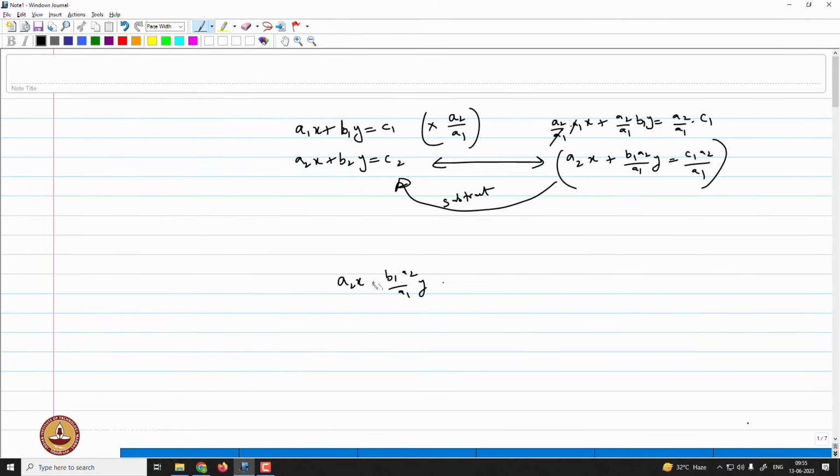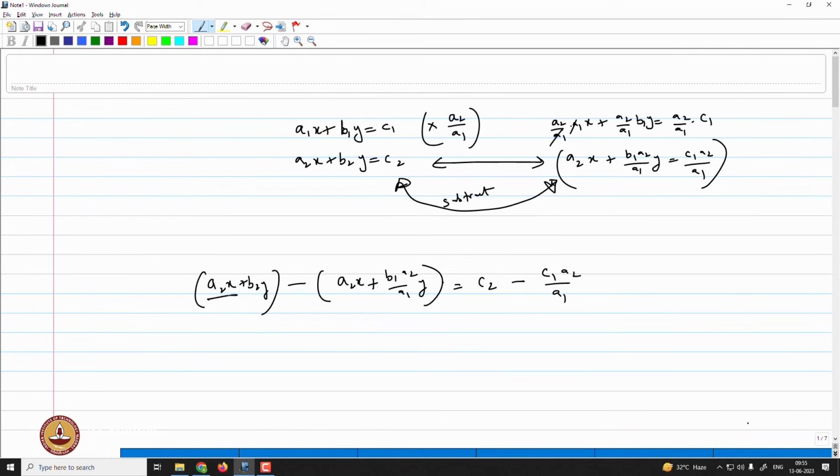Maybe that's how I've written it here. So what is the other way around subtraction? a2x plus b2y minus this guy equals c2 minus c1 a2 by a1, right? So I've subtracted this equation and this equation. Subtracted this minus this, I'm going to get 0.